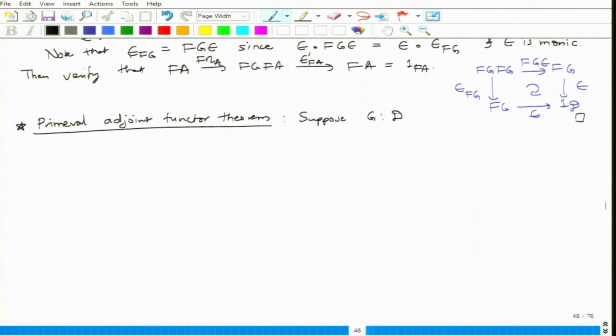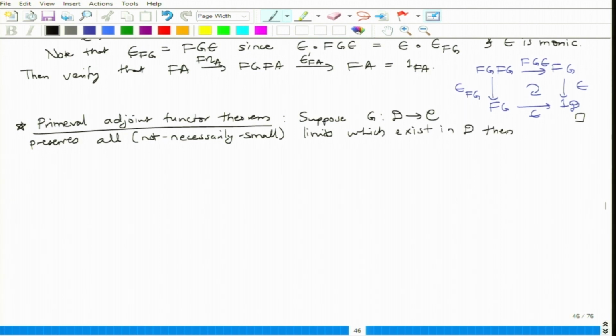Suppose G from D to C preserves all limits, all, not necessarily small, which exist in D, then G has a left adjoint.